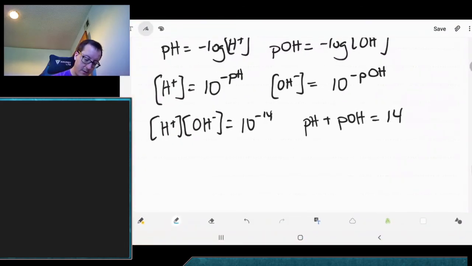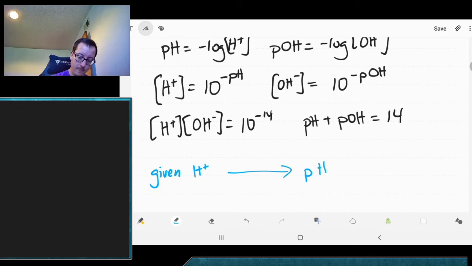So if we are given H plus, we can go to pH by using the negative log.